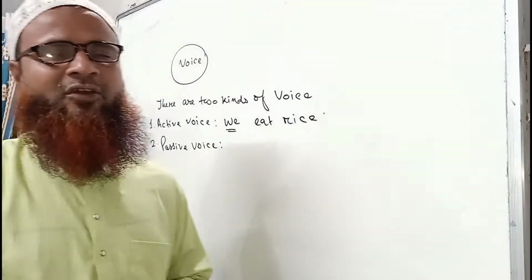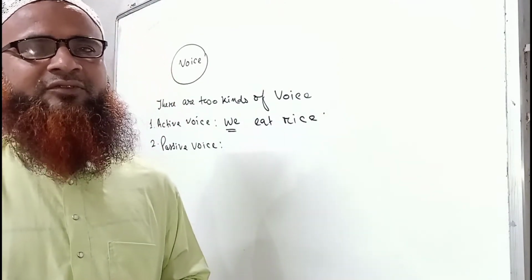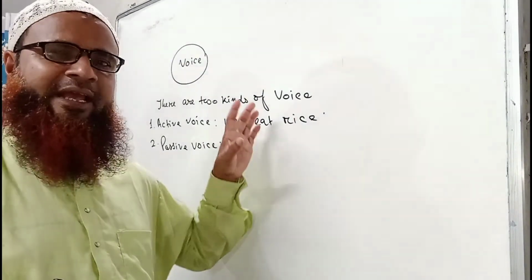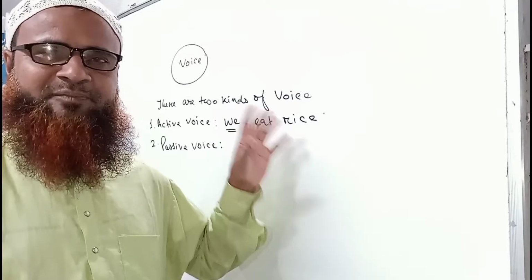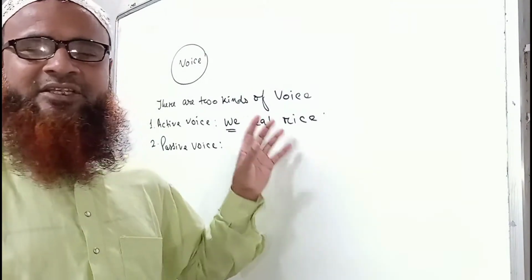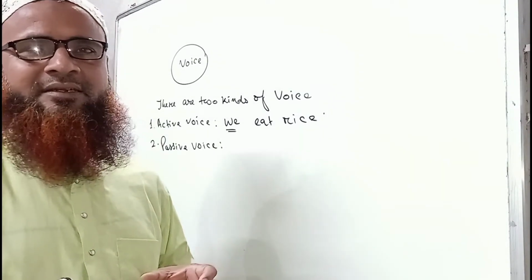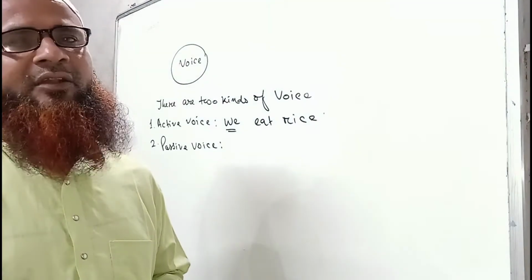I hope you are not having difficulty understanding what I am telling you. That part or that word on which the action of the verb is done is called an object.